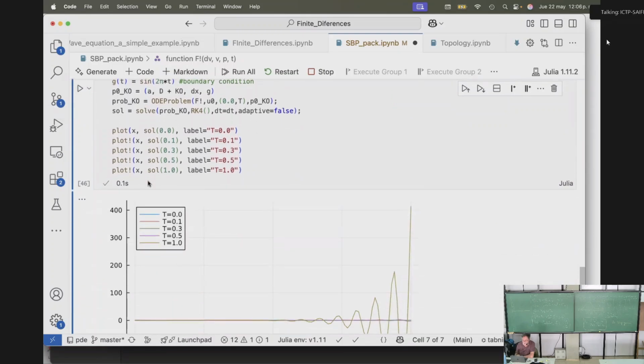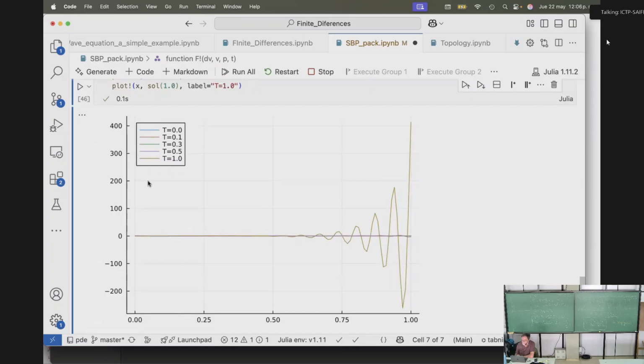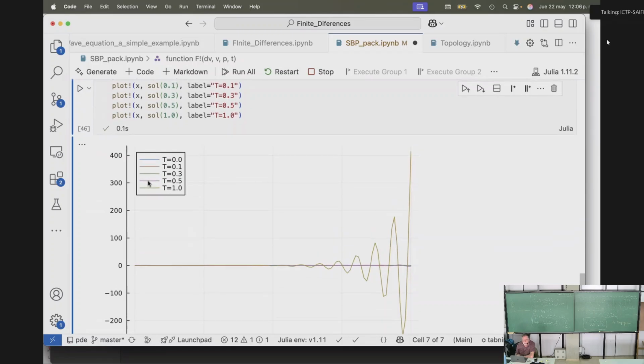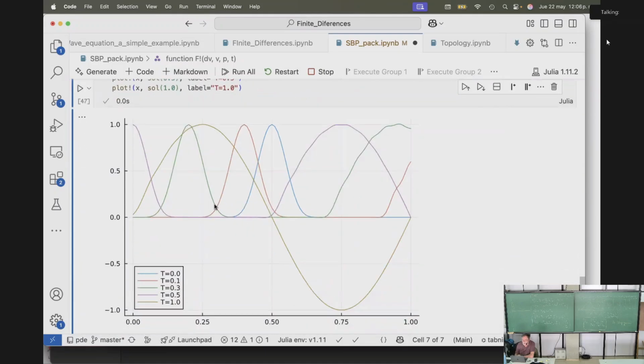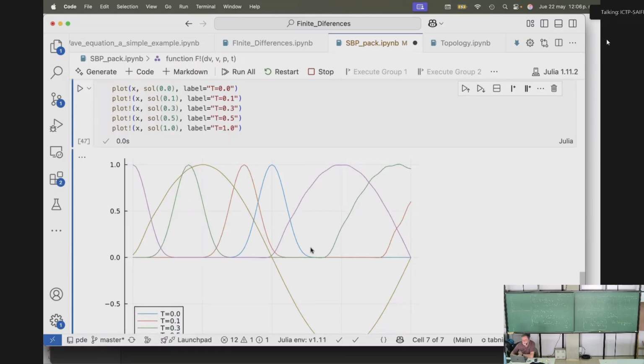So we run it, and we got some. I think this is the 2. Shouldn't it be without the 2? Okay. Yeah, it's without the 2.